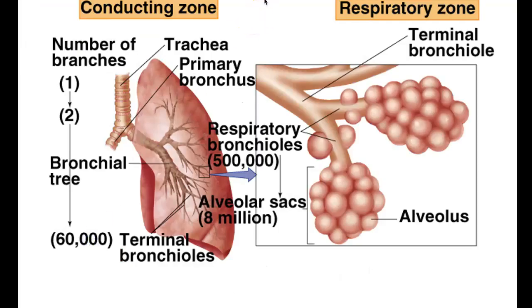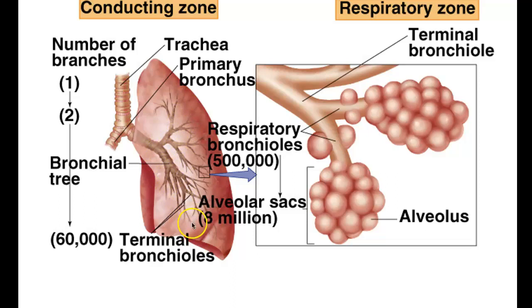So let's remember some of your anatomy. We have a conducting zone and a respiratory zone for the respiratory system. Okay, so our conducting zone consists of the trachea coming down here from the throat. That divides into primary bronchi, and eventually that divides into a bronchial tree, and it looks like a tree, right?